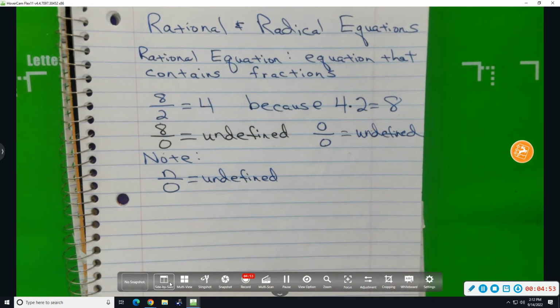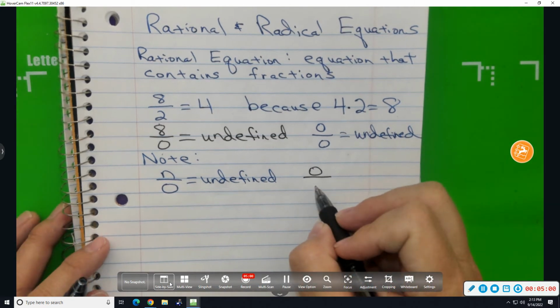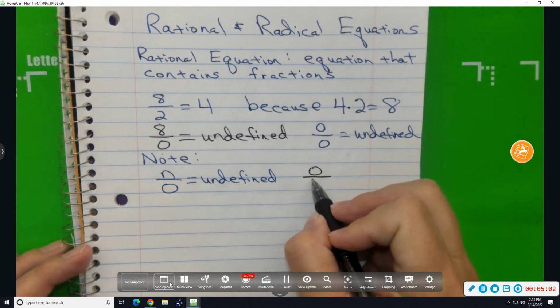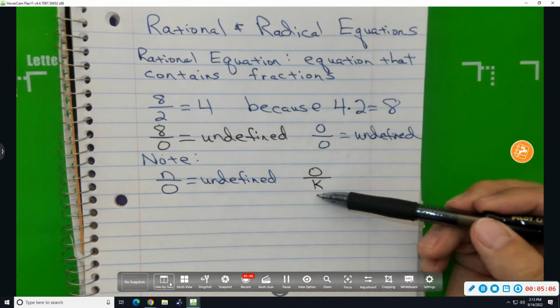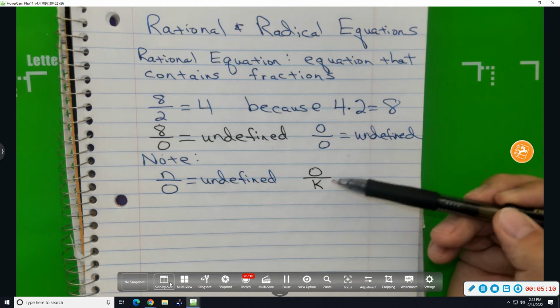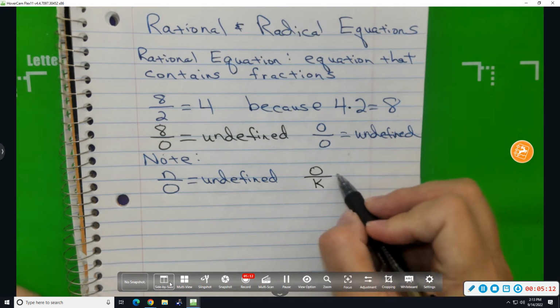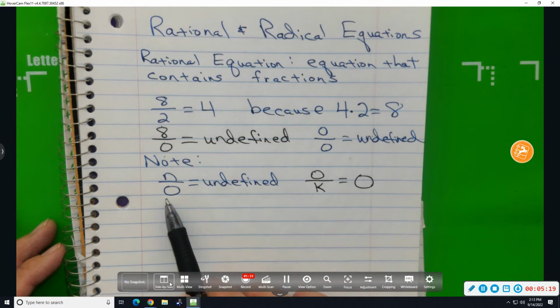And suppose we have 0 divided by some non-zero number, say k. Not 0 divided by 0, but 0 divided by anything else. That says okay. It's okay for the 0 to be on top. That's equal to 0. But the important thing is a fraction is undefined when the denominator is 0.